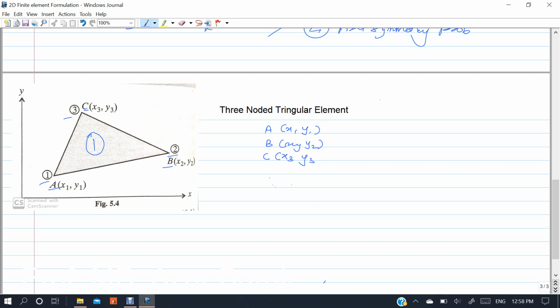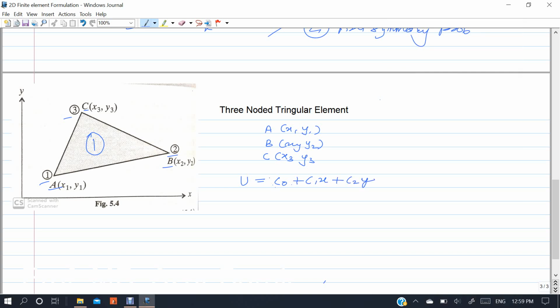As this problem is 2D, we can express the general polynomial to represent the solution of the problem as u equal to c0 plus c1 x plus c2 y.